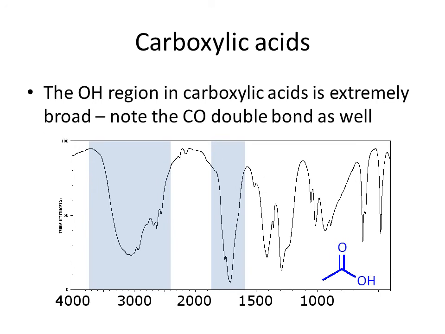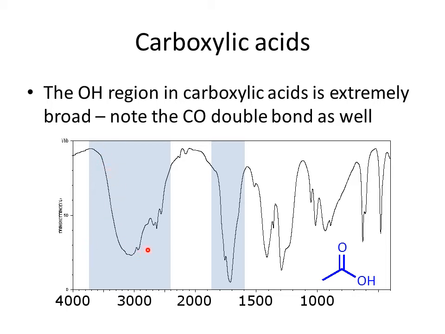Carboxylic acids combine two parts. They combine OHs and CO double bond regions. So notice here, this is acetic acid. We see a very strong signal here at 1700. That's for this CO double bond. And we see this big rounded region. Now, the OH in a carboxylic acid, because it's got a different pKa, turns out to be shifted relative to alcohols.